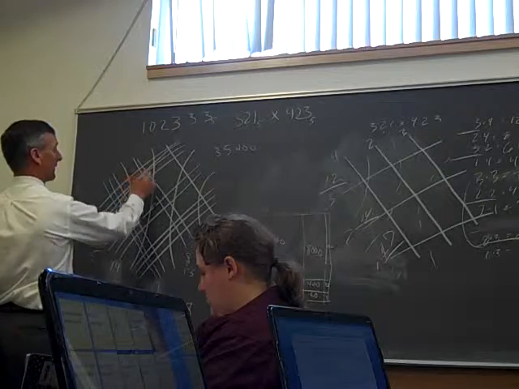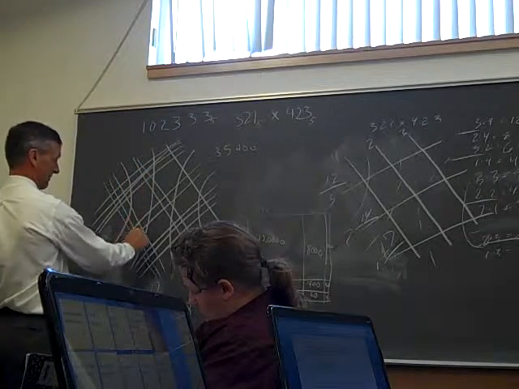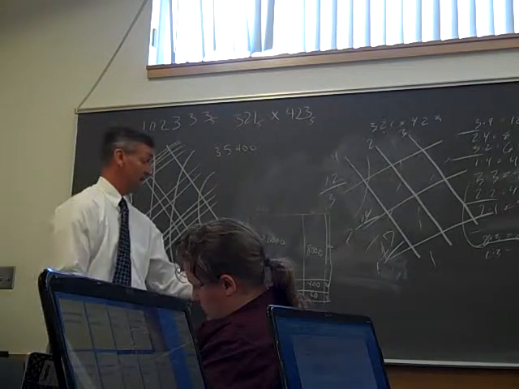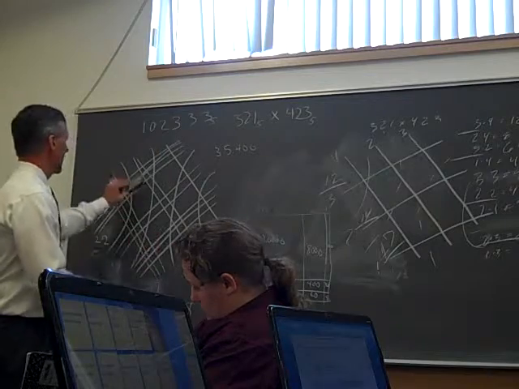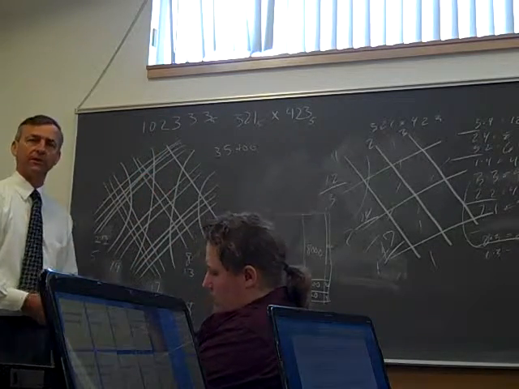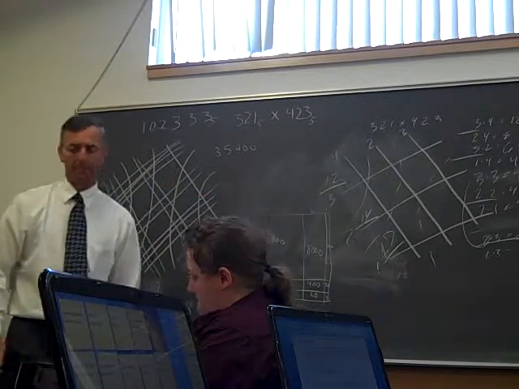See it? Where is the 6,000? Right there. It's just each of these rectangles is one of my areas of intersection, which is why it works. Okay?